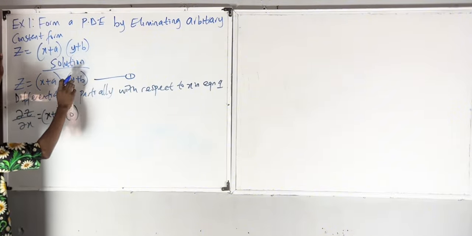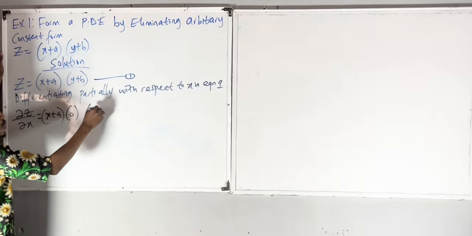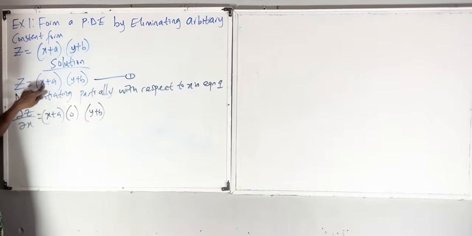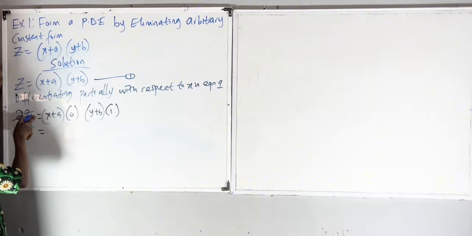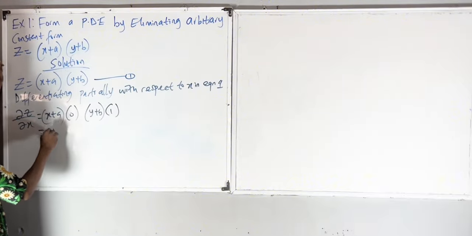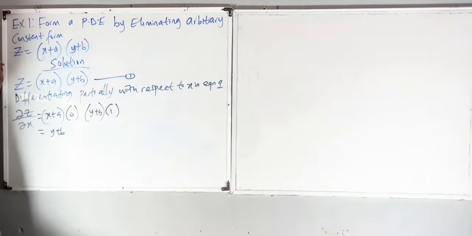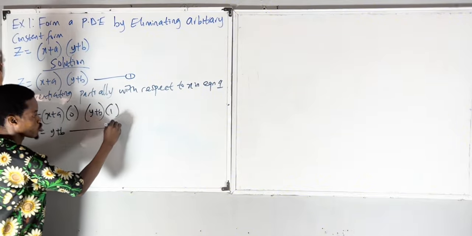But if I take y plus b and differentiate x plus a, I'm going to have 1 plus 0, because a is a constant, and if I differentiate a constant, I get 0. So I'm going to have 1 here. So y plus b multiplied by 1 is y plus b. I can name this equation 2.